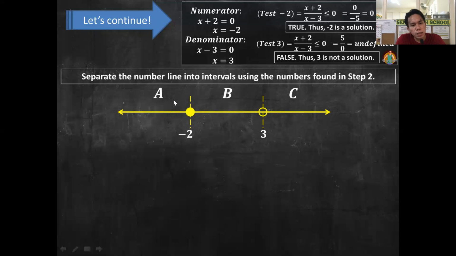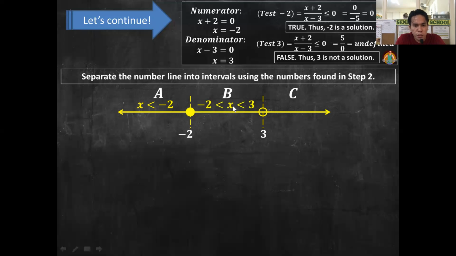So alam natin that in Group A, our x here is less than -2. So ano ba yung mga number na makita dito sa A area? Okay, makikita dito are -2, -3, -4, and -5. Ang lahat ng numbers na yon ay less than -2. Okay? So sa B naman, what are the numbers found in area B?